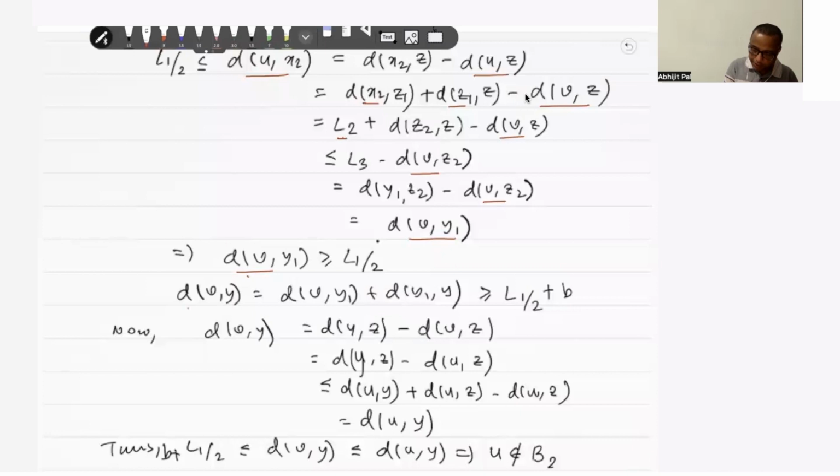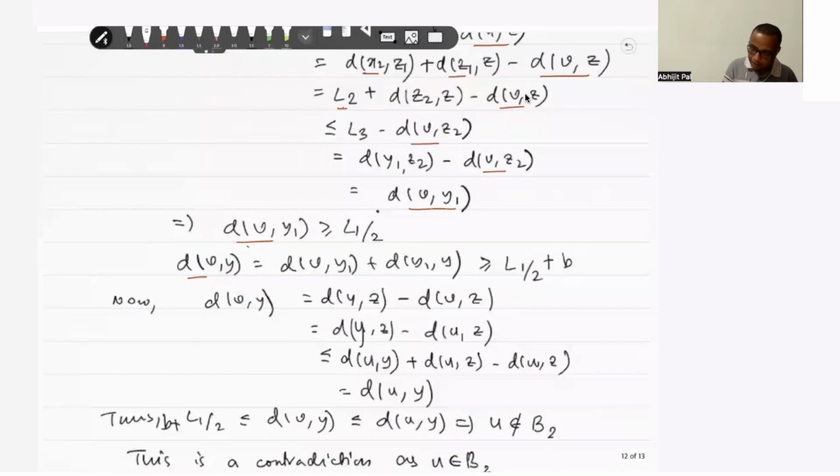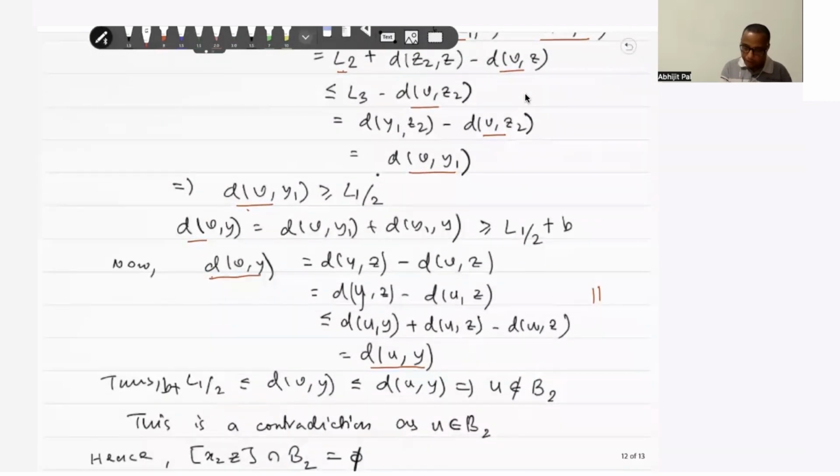So thus the distance between V, Y, which is equal to distance between V, Y1 and distance between Y1 and Y, is greater than or equal to L1 by 2 plus B. Now again you observe this thing, so distance between V, Y will be less than or equal to distance between U and Y. This follows from the triangle inequality.